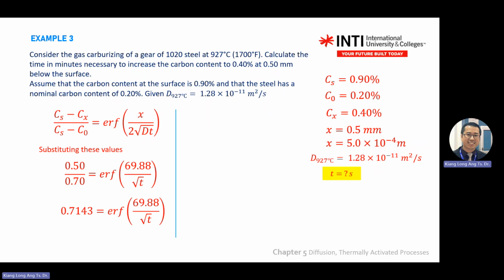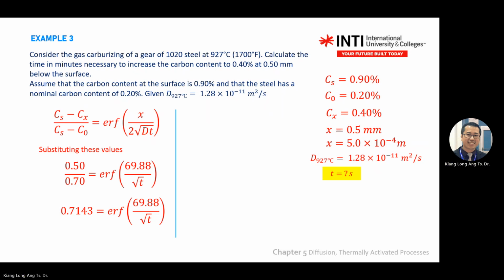So 0.7 something. Then you take the x, 0.5, divided by 2 square root D. D is given. You arrive at one very simple equation: 0.7143 equals ERF of 69.88 divided by t terms.